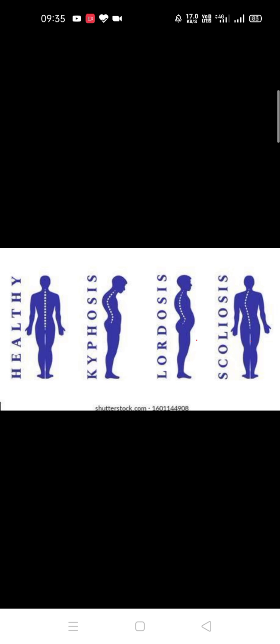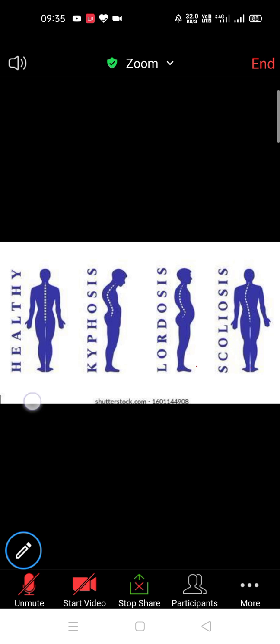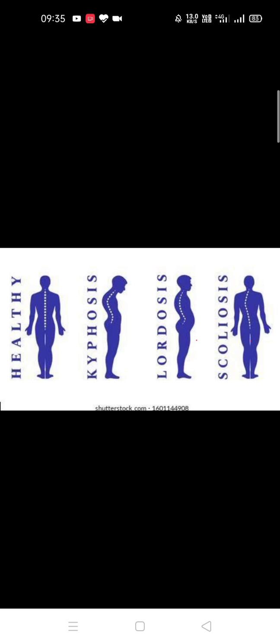So all these are the things which you will see in the genitourinary area. And next you will see spine and extremities. In the appearance you will see lordosis, kyphosis, and scoliosis. If the patient is like this first picture, then the patient is healthy. Kyphosis means the patient's upper back is a rounded shape.